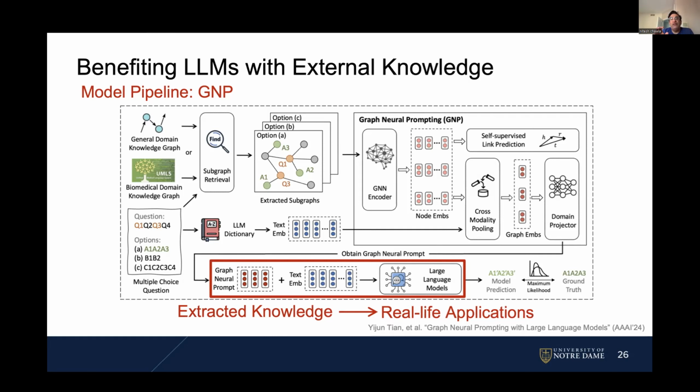And then this graph neural prompting learning that we have done acts as a graph neural prompt, along with the text embedding that was generated from the dictionary, in its interaction with the large language models.